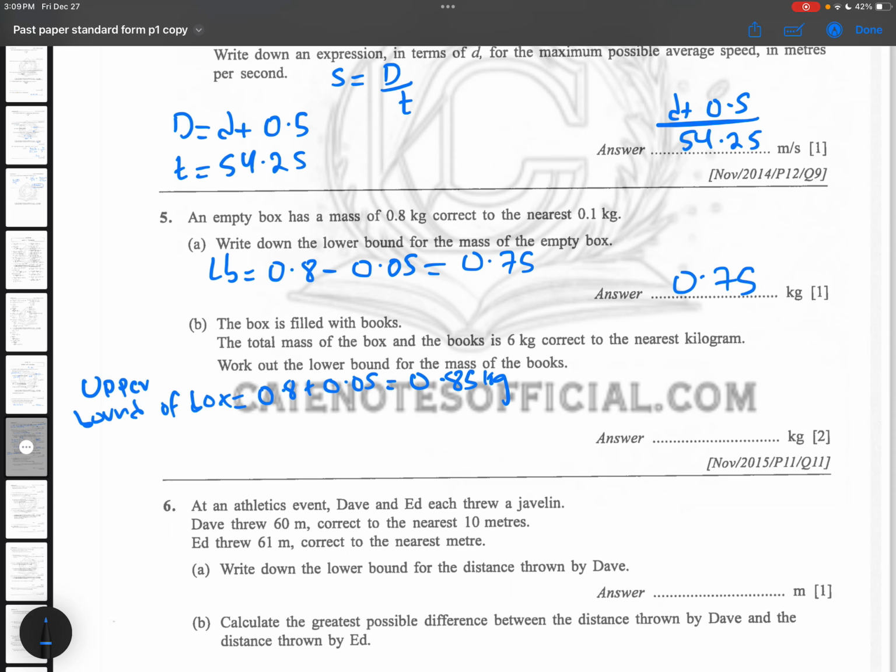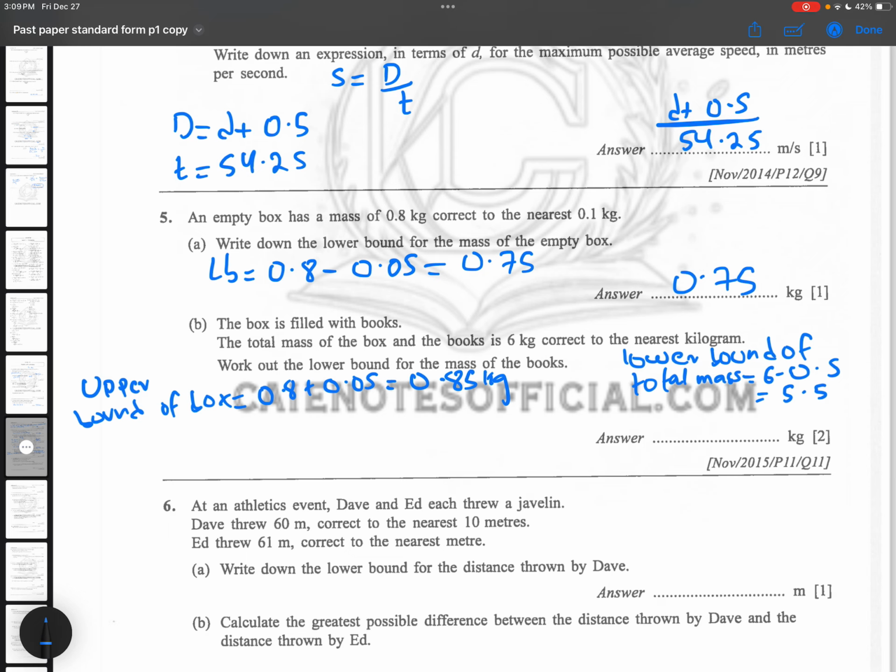So the lower bound of the total mass will be 6 kgs, correct to the nearest kilogram. So we will subtract 0.5 from 6. This is equal to 5.5. Now we can get the lower bound for the mass of the books.